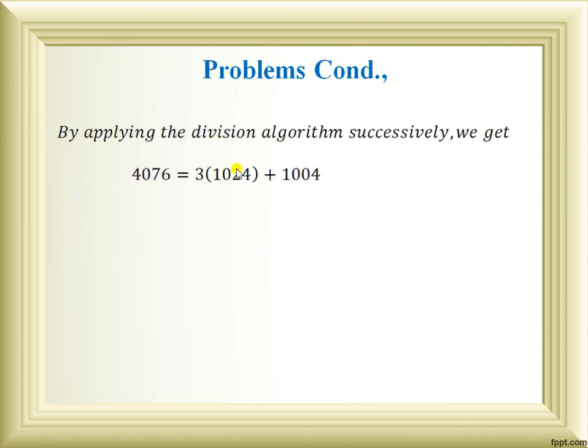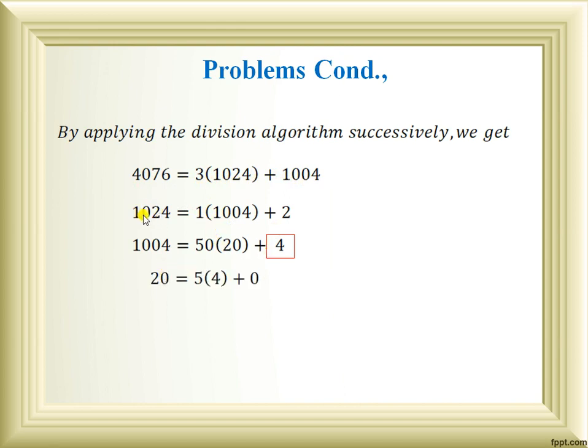So we are developing the lines by using the previous division process. We are getting the steps like 4076 is equal to 3 times 1024 plus 1004, and so on. Before getting the zero remainder, I have the non-zero remainder 4, right?